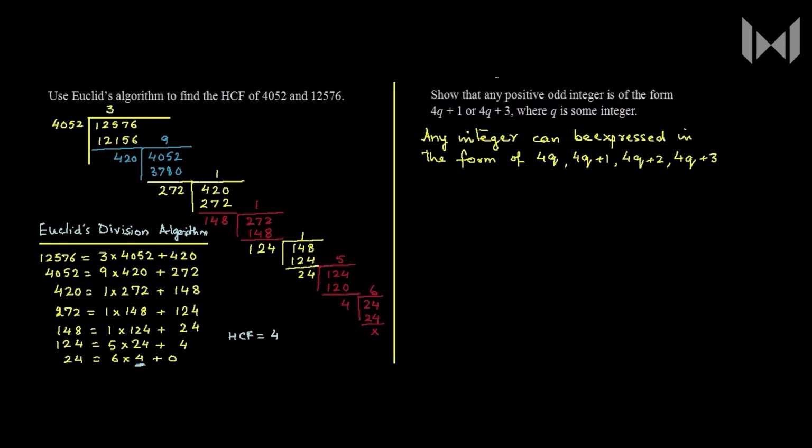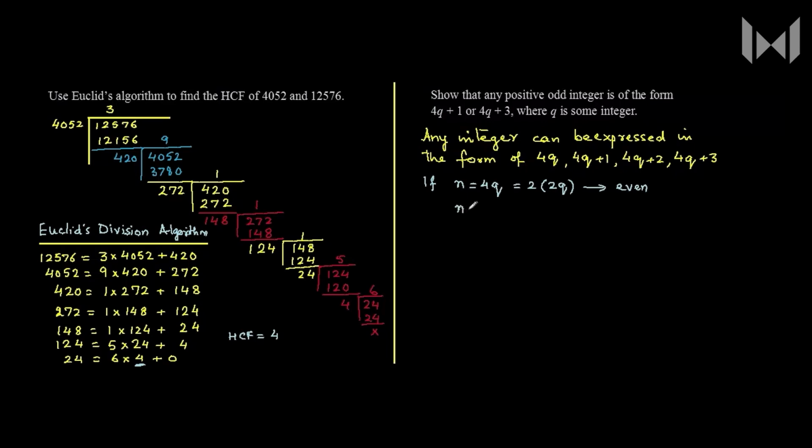Now we pick up the first one. If the integer is 4q, now 4q can be expressed as 2 into 2q, and we know that if a number is a multiple of 2, it's an even number. So this is an even number.